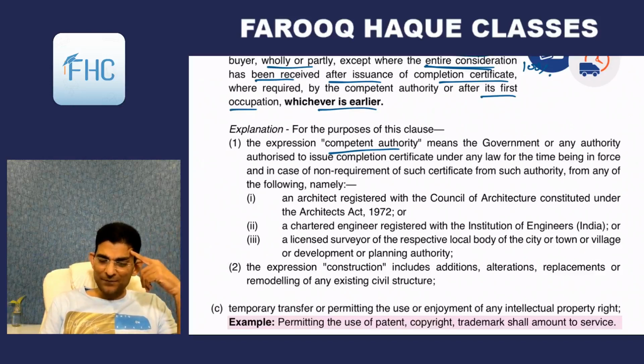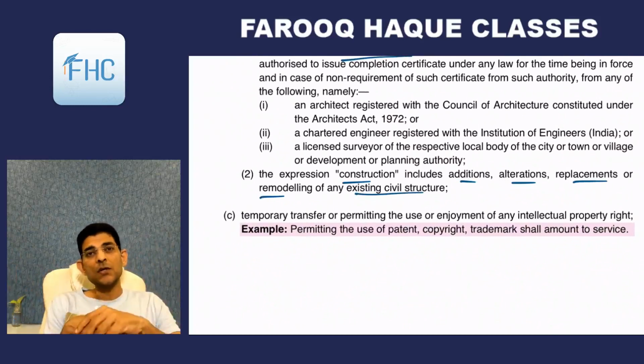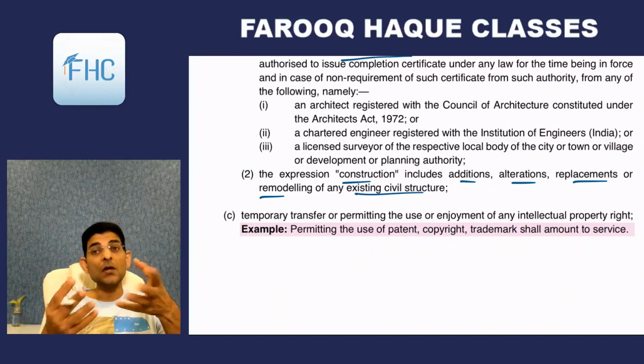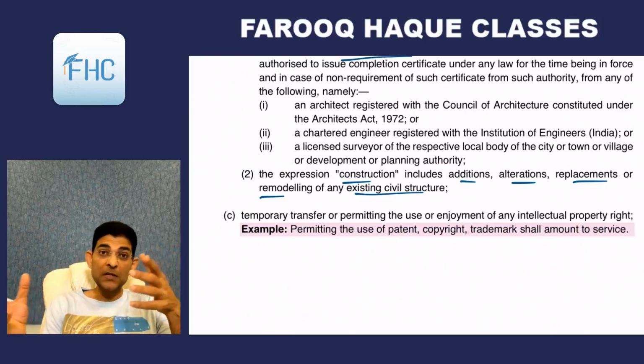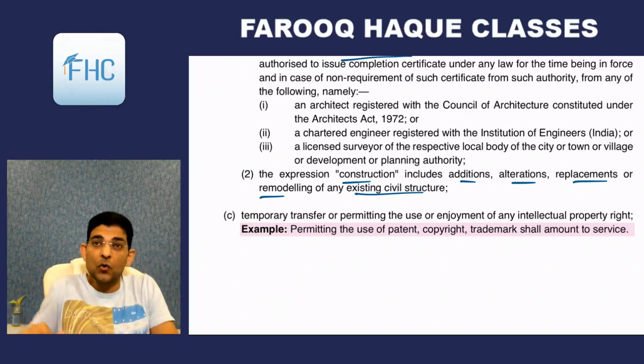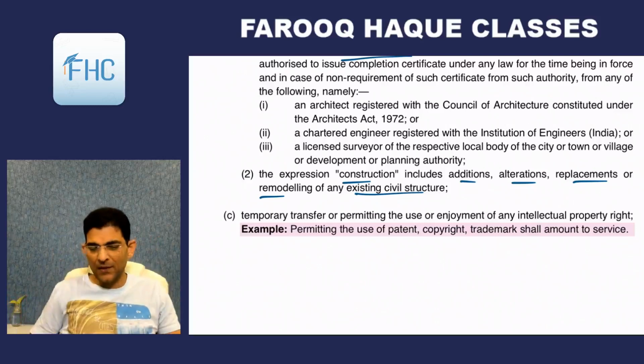And construction includes additions, alterations, replacements, remodeling of any existing civil structure. Construction includes not only the original construction but also changes, additions, alterations, replacements, remodeling, that will also be included. Fine, no problems.